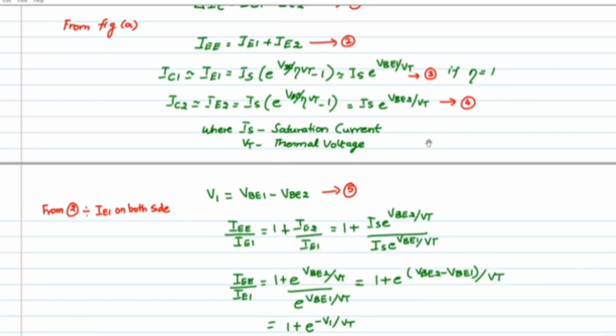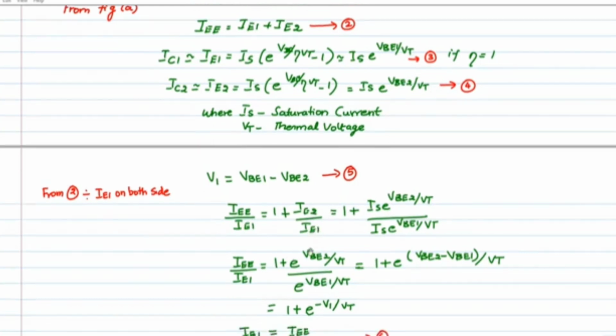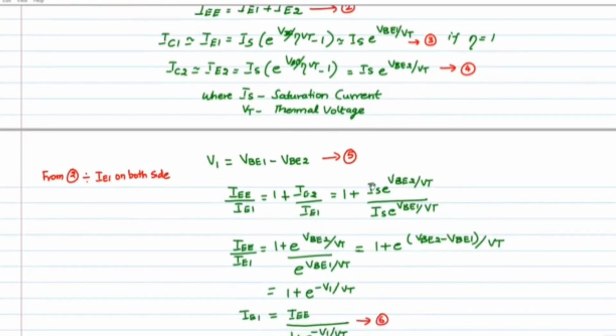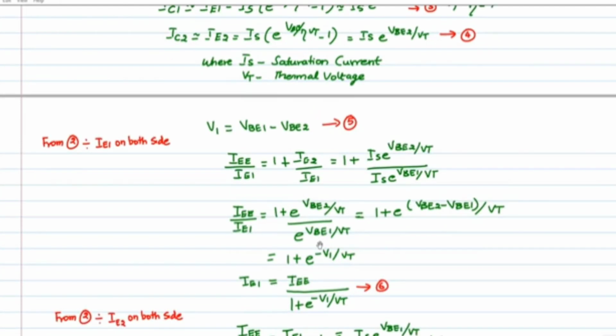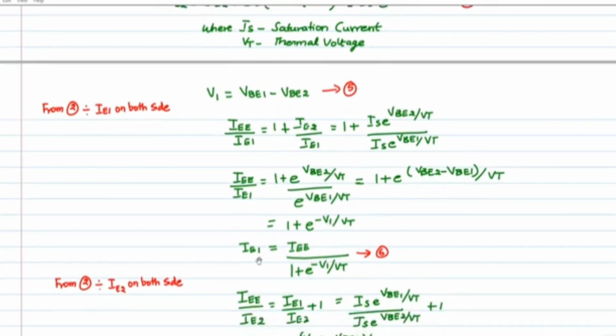Therefore I will get 1 plus IS into e power VBE2 divided by VT, divided by IS into e power VBE1 divided by VT. Here IS and IS get cancelled out. Therefore I will get 1 plus e power (VBE2 minus VBE1) divided by VT, because e power x divided by e power y is equal to e power (x minus y). And I can write this equation as 1 plus e power minus V1 divided by VT, from equation 5.